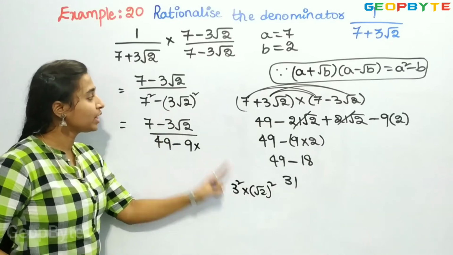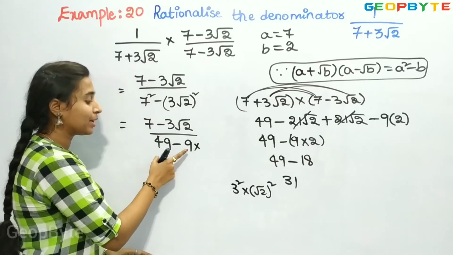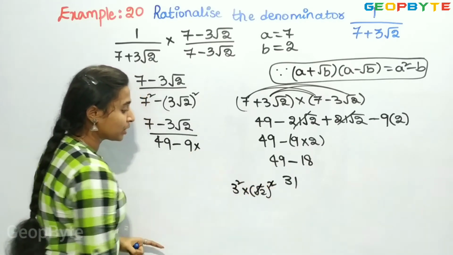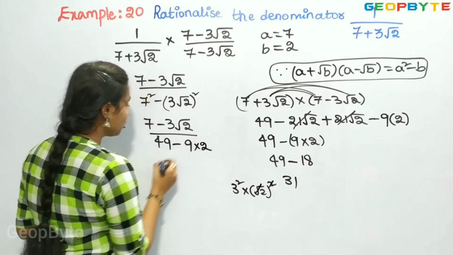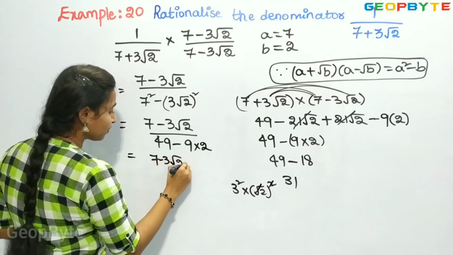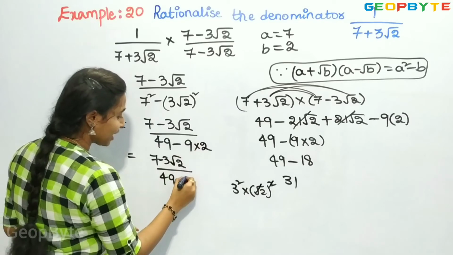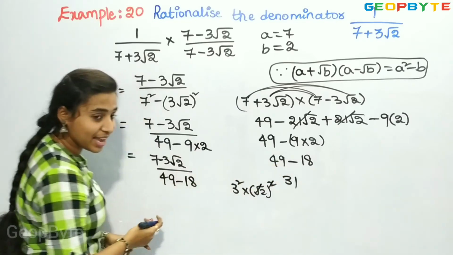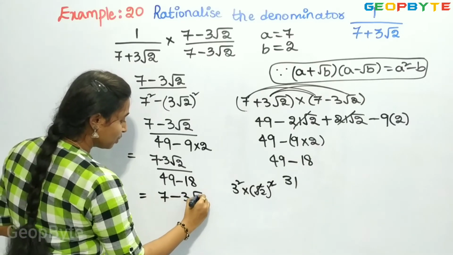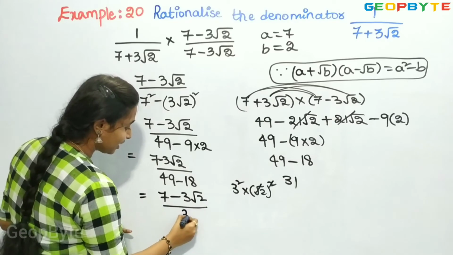So 3 square into root 2 whole square. As per this, 3 square is nothing but 9 into root 2 square, where square and root get cancelled, into 2. That is 7 minus 3 root 2 by 49 minus 9 twos are 18. We got the same. So 7 minus 3 root 2 by 49 minus 18, which is nothing but 31.